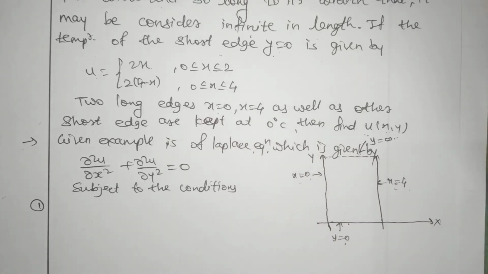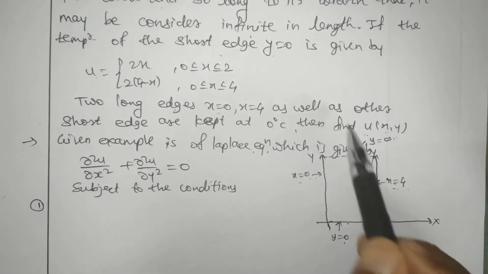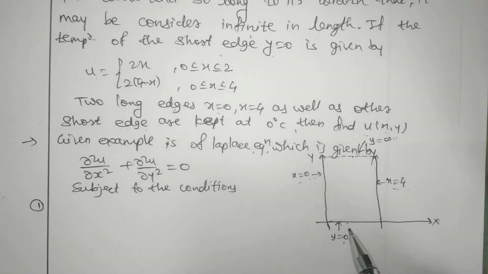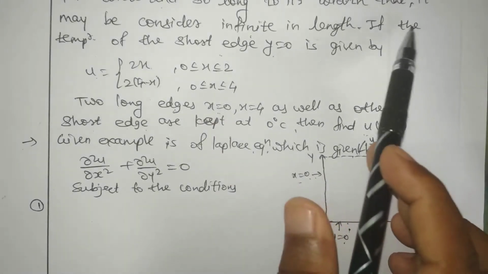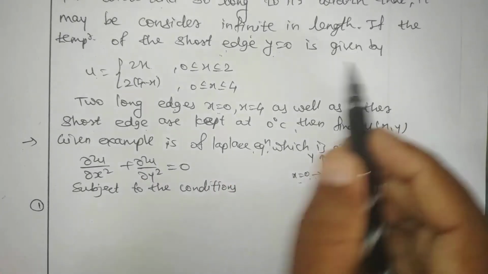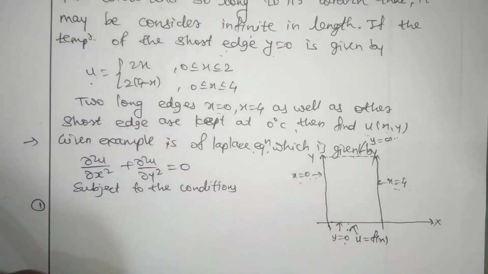Now we have to find the temperature on all these four edges. One by one: two long edges x = 0 and x = 4, as well as the other short edge. There are two short edges, but out of that, the temperature of the short edge y = 0 is given by f(x), a function of x.